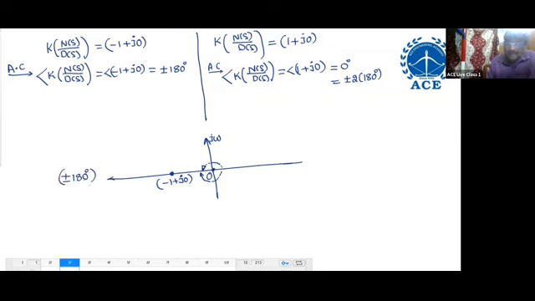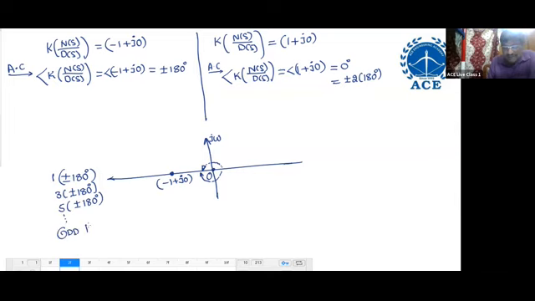But how many times? It may be 1 time. Even 3 times plus or minus 180 is also the same. Or 5 times plus or minus 180 is also the same, and so on. That means what you are getting?